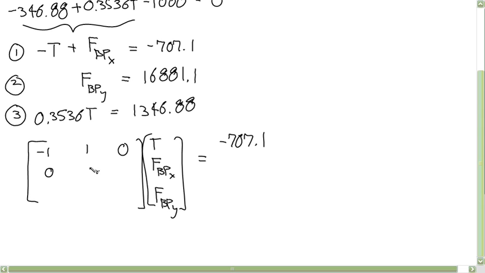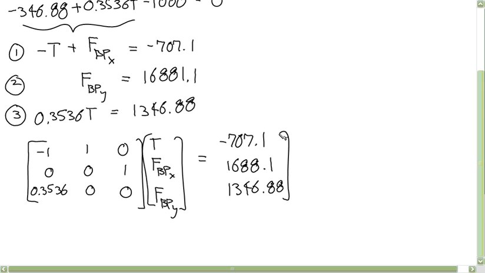This one is 0, 0, 1, 1688.1. And this one is 0.3536, 0, 0, 1346.88. Any questions up to there?